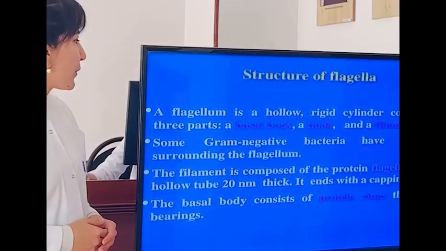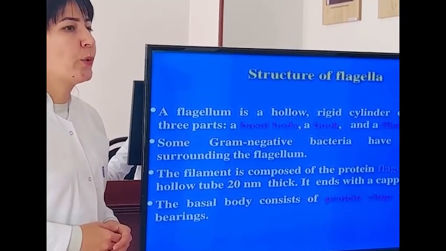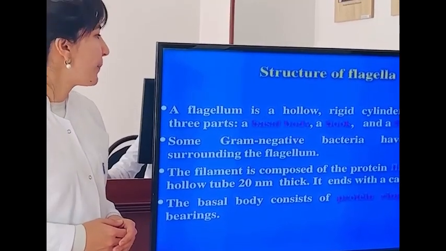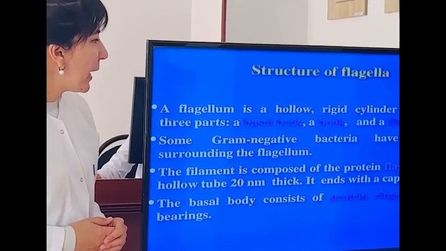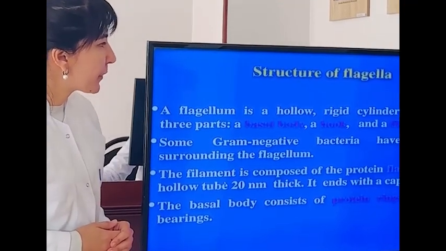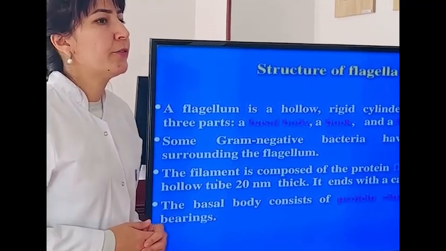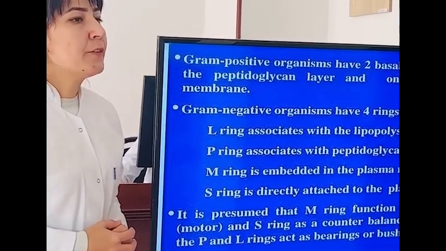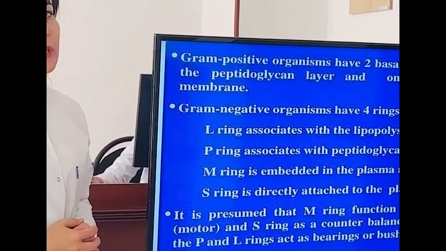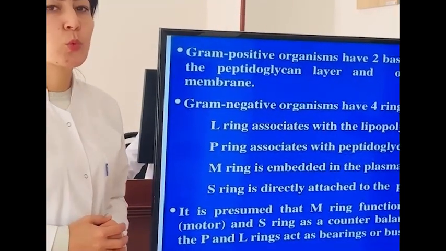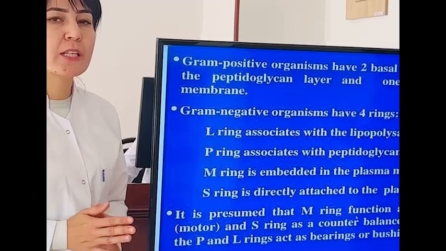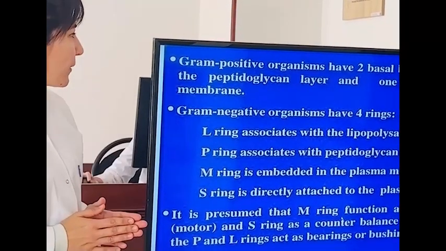Structure of the flagellum: it is a hollow and rigid cylinder composed of three parts, a basal body, a hook, and a filament. And we know about gram-positive bacteria. We divide the bacterial world into two big groups, gram-positive and gram-negative bacteria.